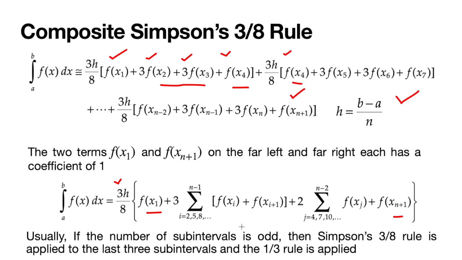So these are put here, and you can use this formula, the Simpson's 3 by 8 rule, to get the value of the integrand. So that's how we use numerical integration to get the value of the integrand without even solving for the exact solution or the analytical solution.